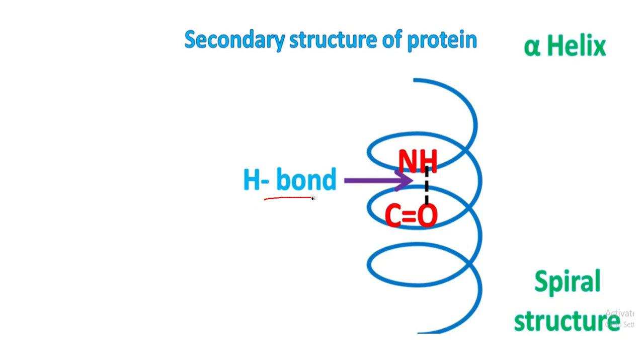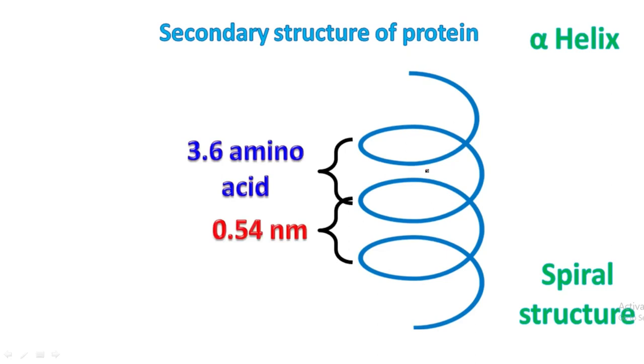This is the hydrogen bonding that is providing the stabilizing force for this alpha helix type of structure. As I talked about earlier, on average 3.6 amino acids reside in one spiral.